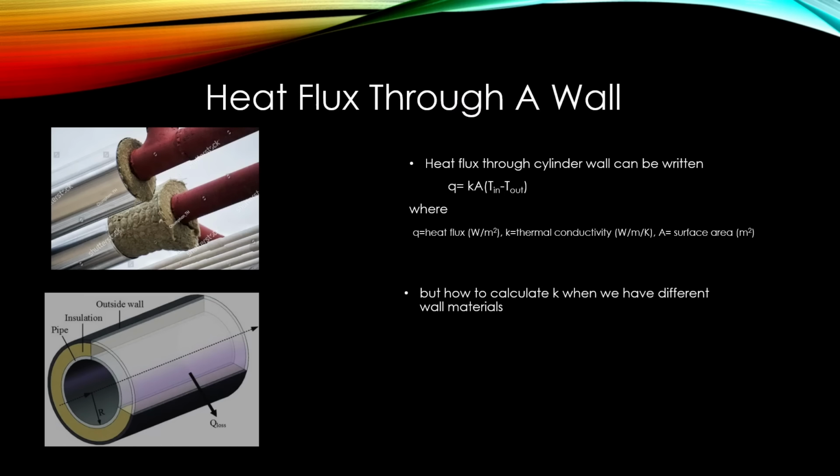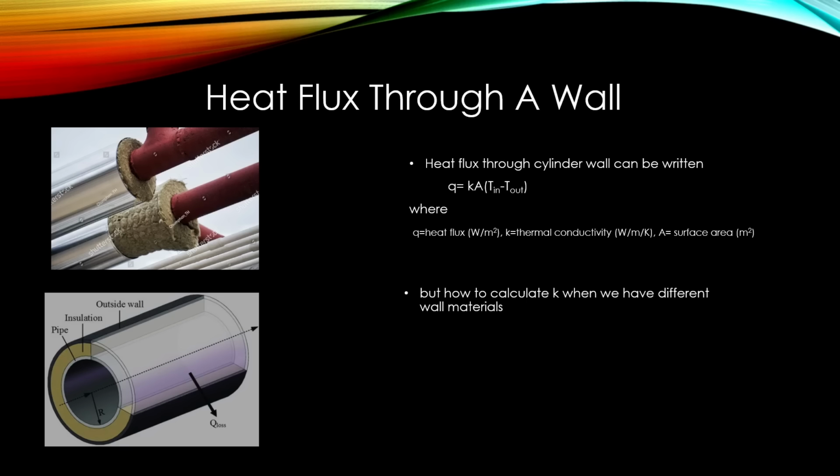Here we have a simple example. We have hot flow in pipe and around pipe is insulation. And we want to know what is the heat flux from fluid to environment. Basically it's very easy to calculate.